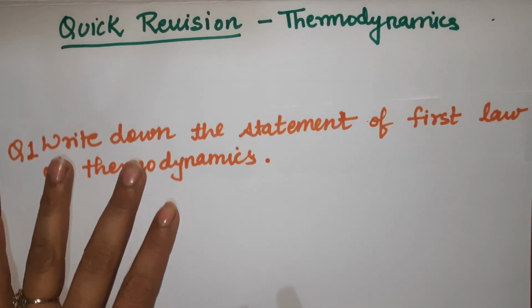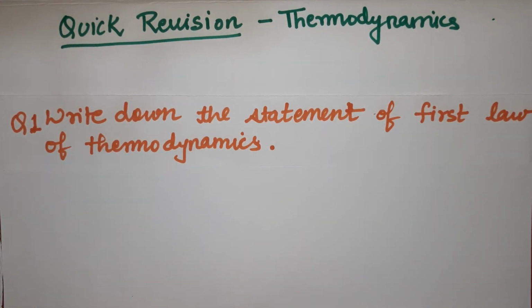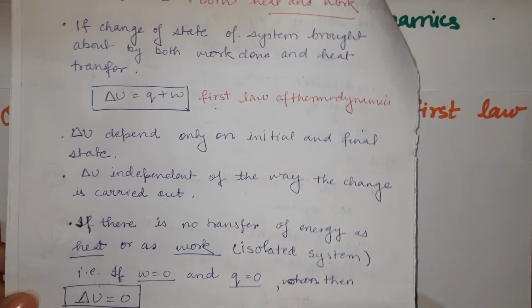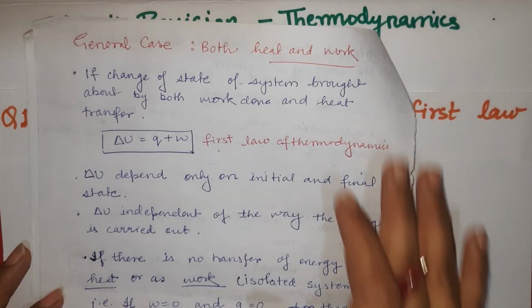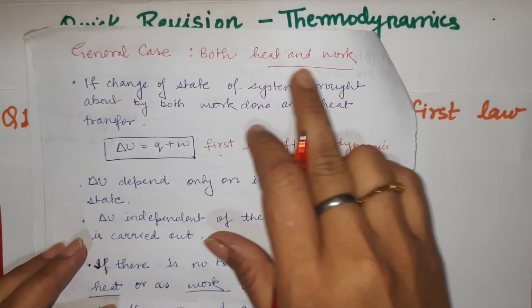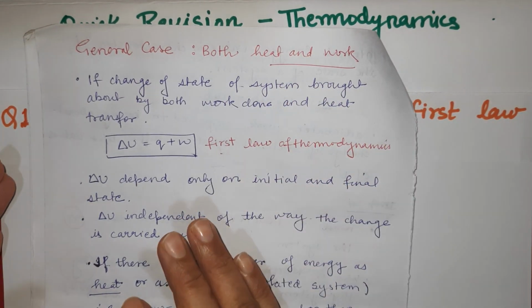So the very first question is, write down the statement of the first law of thermodynamics. If this is your question, you have to give the statement and also the relation given by the first law of thermodynamics. The first law involves both the heat and work relation with the internal energy.